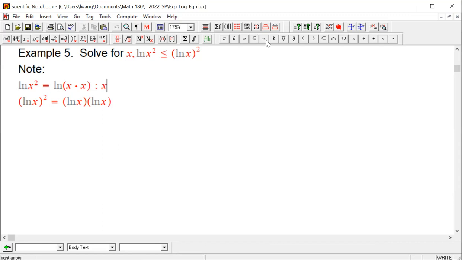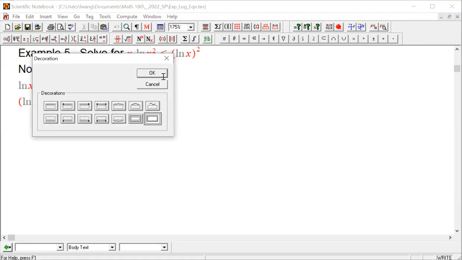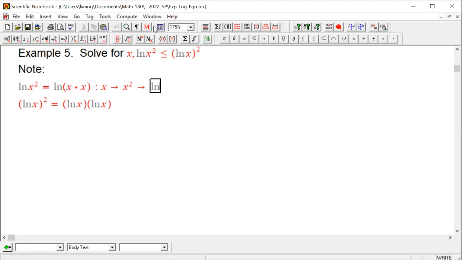So x, we first make x squared. Okay, x squared will be the input of ln and produces output.